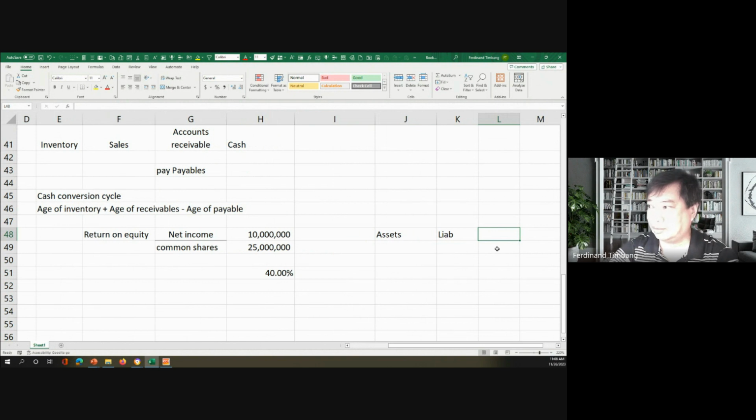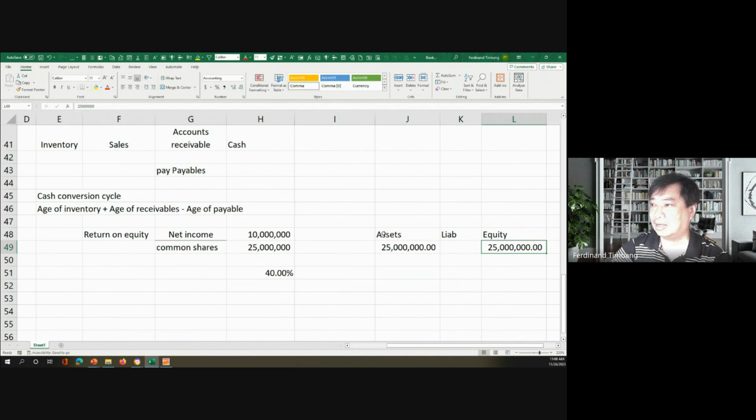And then, of course, you have the equity. So, magkano kaya natin lalagay yung shares? Halimbawa, 25 million. Okay, so halimbawa ganyan siya.